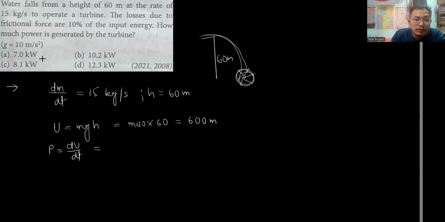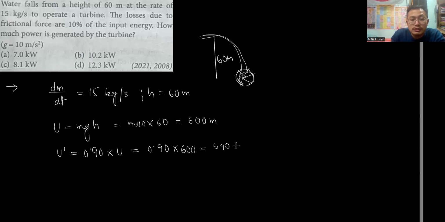The power generated by the turbine is U dash, and since 10% is lost, U dash equals 0.90 into U. So 0.90 into 600, that is 90 into 6, which is 540.